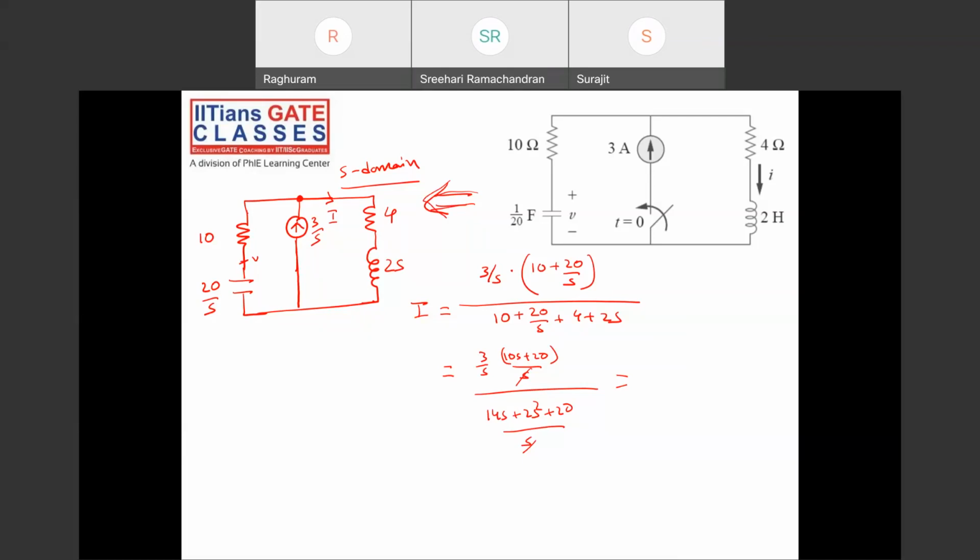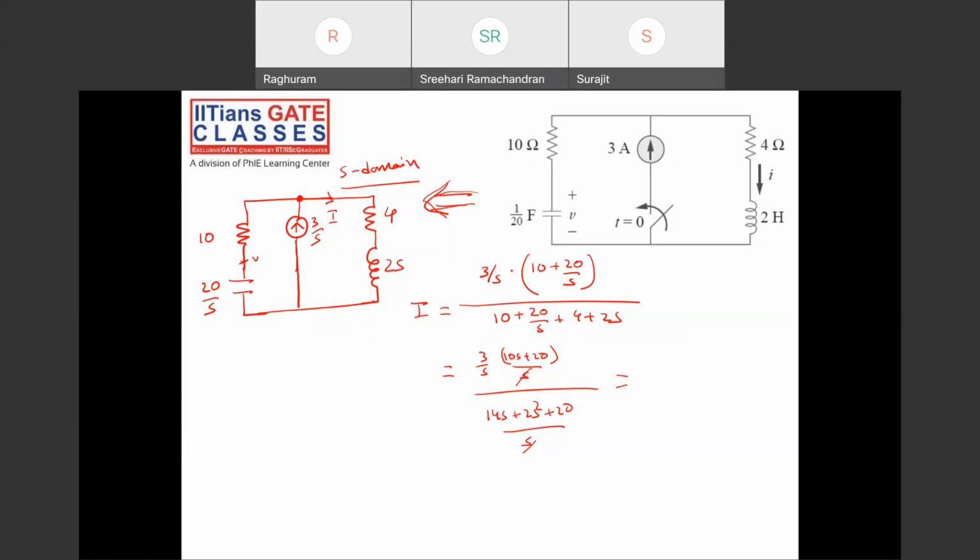Sir, in this circuit, one time constant is R and C, and another one is L by R for the right hand part. Actually, you'll definitely get two time constants.